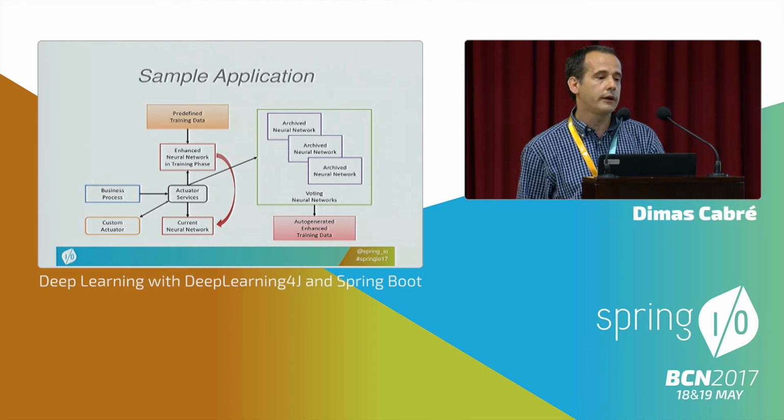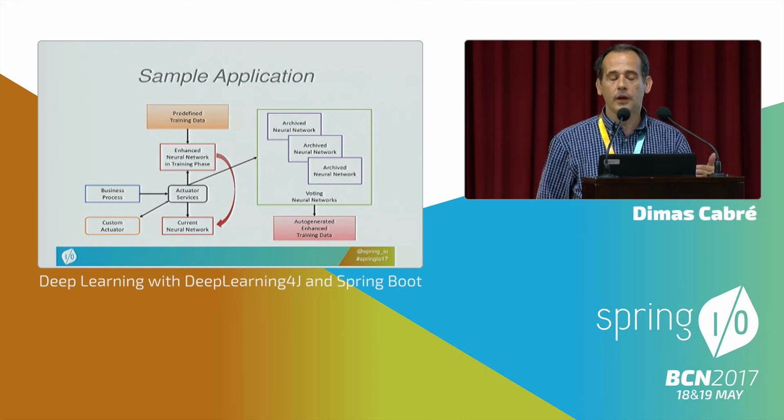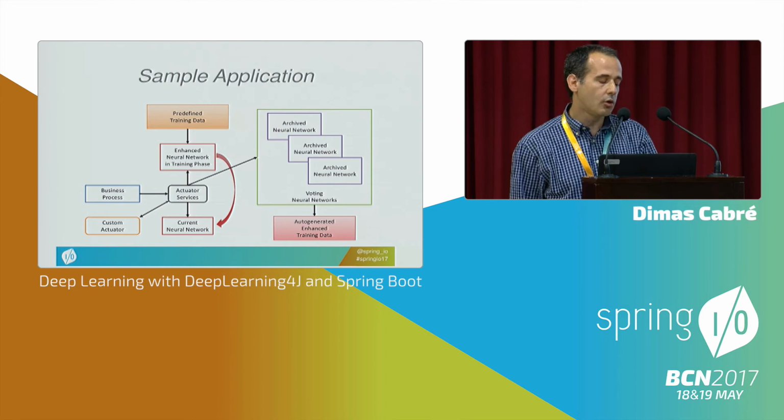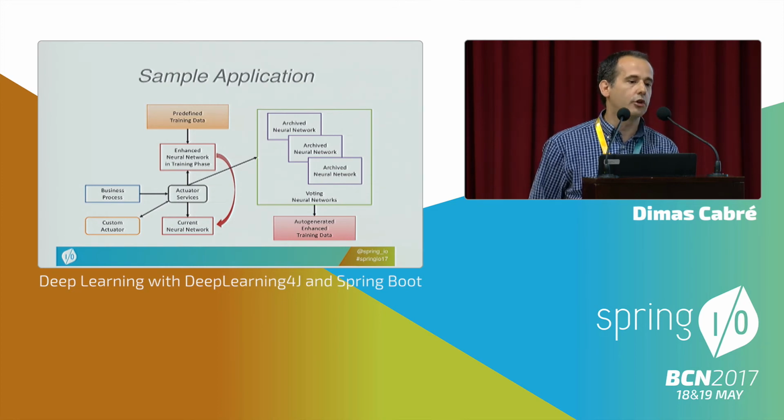So we wanted not only to have a low time to market, but also to be able to produce data sets, apart from the training data set, that other people could use to produce additional neural networks, okay? So our strategy was, instead of destroying the former neural networks, we store them in a pool, and every time the business process has to make a decision through the current neural network, we also ask all the archived neural networks what they think about this new input, okay?